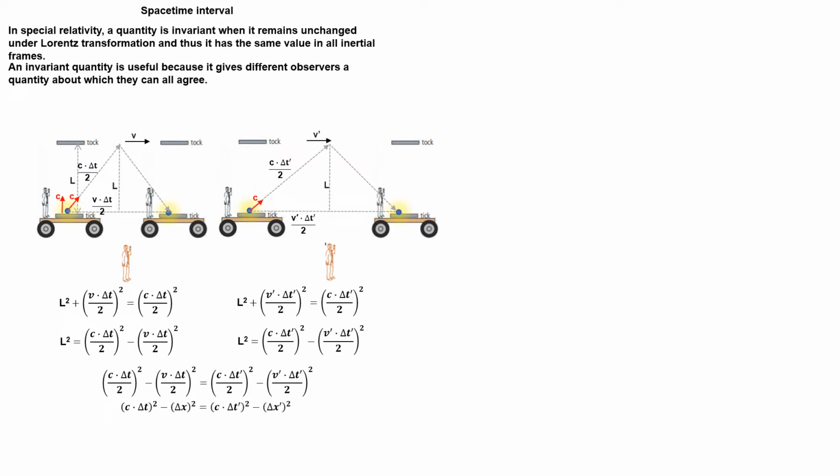We can see that the quantity c times delta t squared minus delta x squared is invariant. C times t has the dimensions of length, and this leads us to an invariant quantity known as the space-time interval. In relativity, space and time are intrinsically linked into a single concept called spacetime.